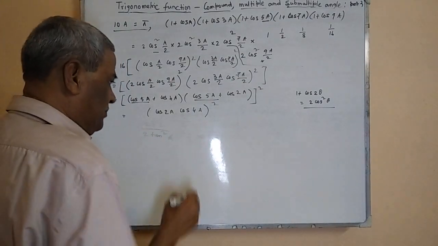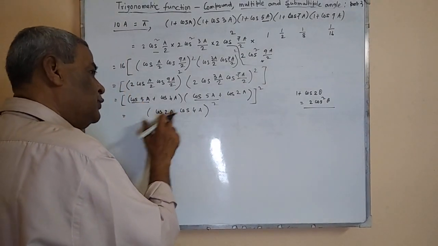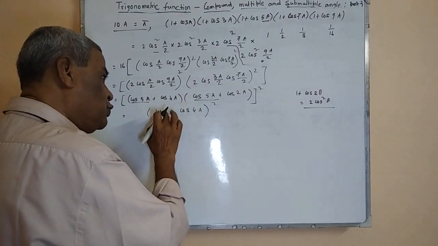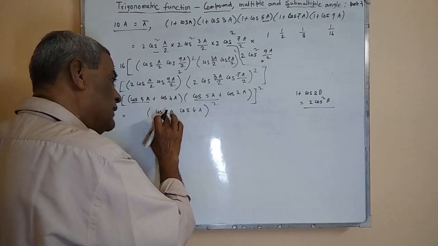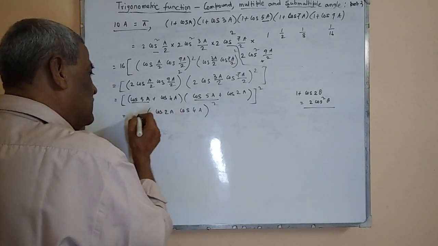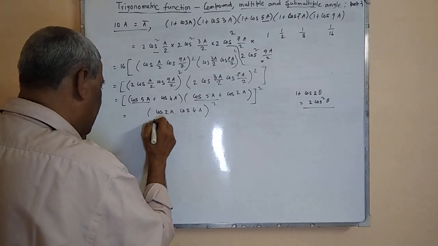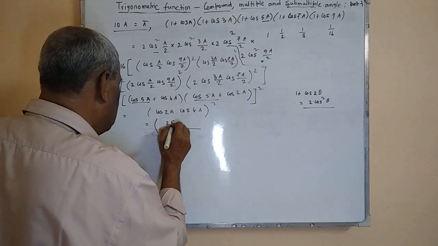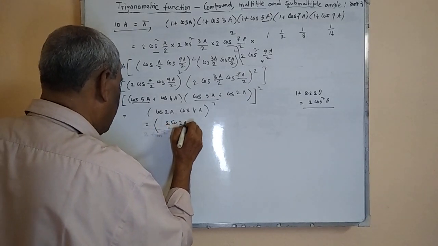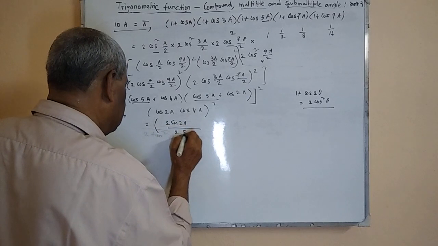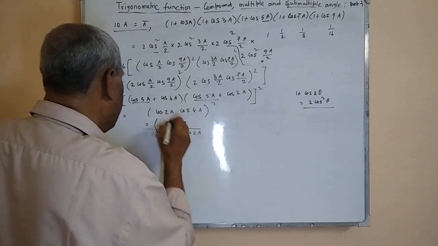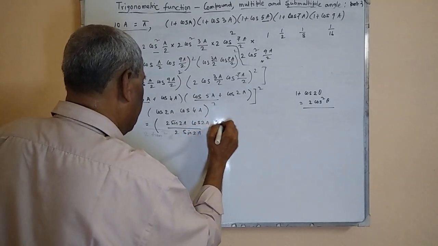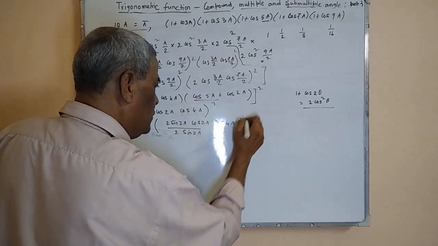Now it is of the type cos A into cos B, and B is twice of that. So this can be simplified very easily if I take there 2 sine 2A, 2 sine of 2A and cos 2A cos 4A, whole square.